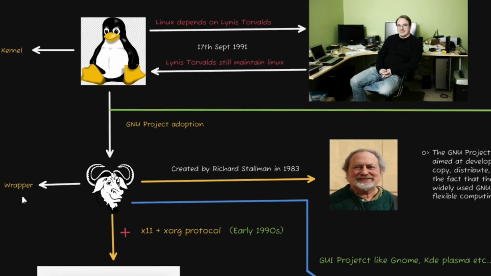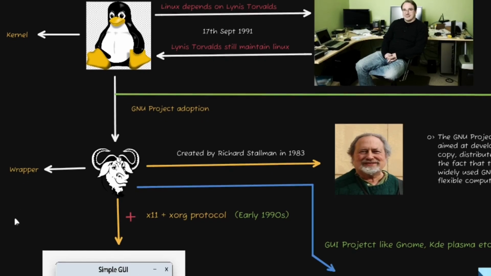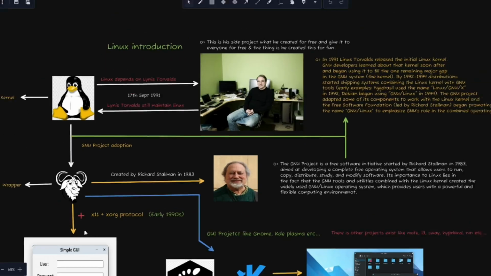Okay, it means interaction, like when we interact with our system: files, copy paste, writing something, painting, etc. That time the GNU project provided it, and a user had to include the GNU project and X11.